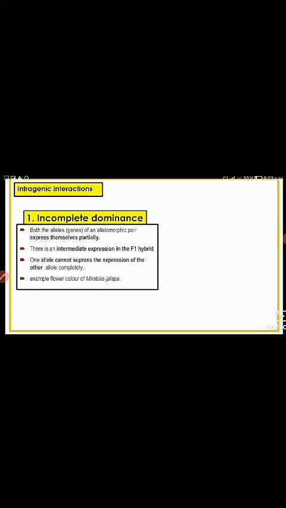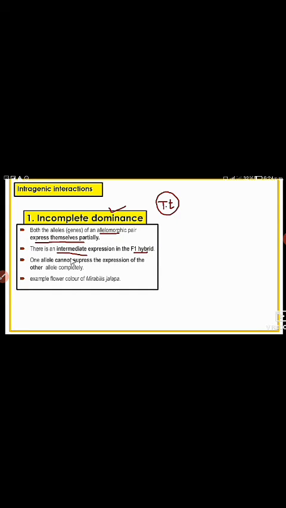What is meant by incomplete dominance? In incomplete dominance, the alleles of an allelomorphic pair express themselves partially, meaning there is partial expression of the character between the two genes, capital T and small t. They are together, but the offspring shows intermediate, partial expression of these two characters.